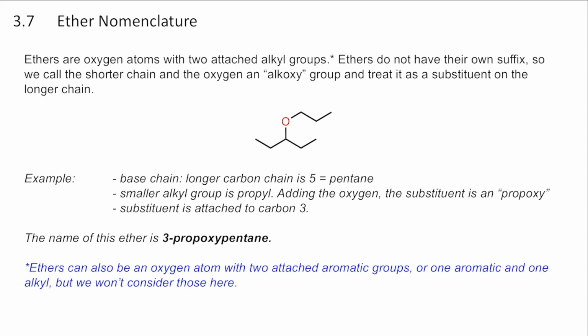Here's another example of an ether, and here we have a 3-carbon chain, and we have a 5-carbon chain. So the 5-carbon chain is going to be the base name, and a 5-carbon chain is called a pentane.